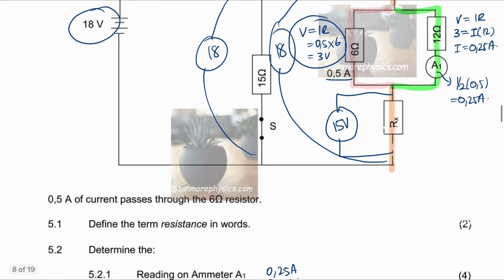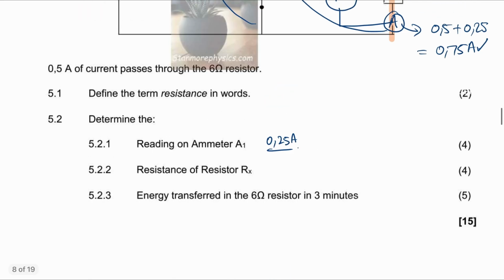If we had to connect an ammeter here, the current will be 0.5 plus 0.25, which is equal to 0.75 amperes. Now that we know the voltage and the current, we can work out the resistance. R is equal to V over I. So the voltage we said was 15, the current was 0.75, and that's going to equal 20 ohms.